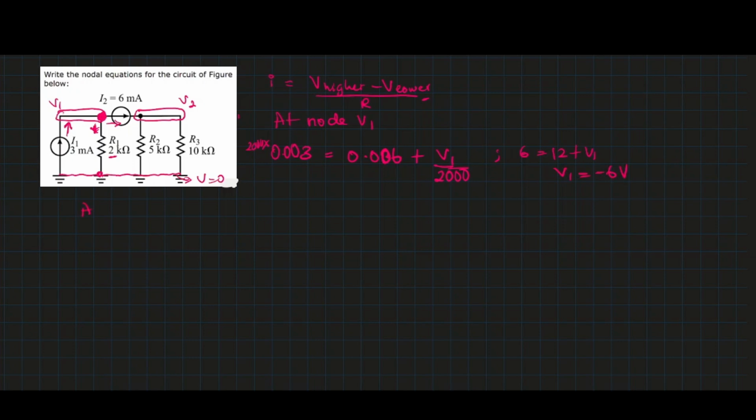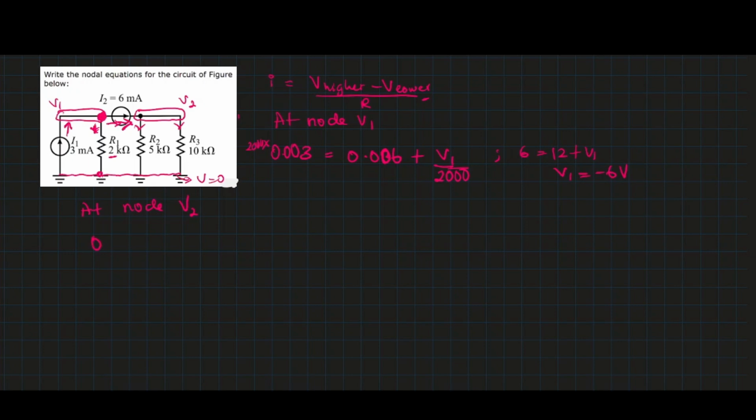Now for the second equation at node 2, that's at node V2, the current coming in is 6 milliamps and current exits at this position and at this position.